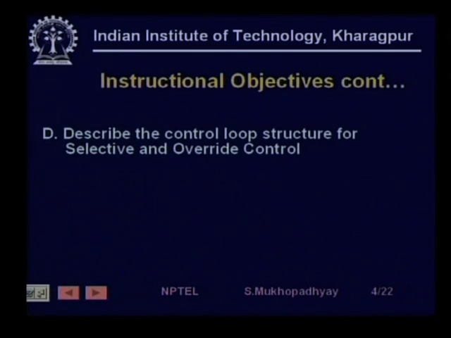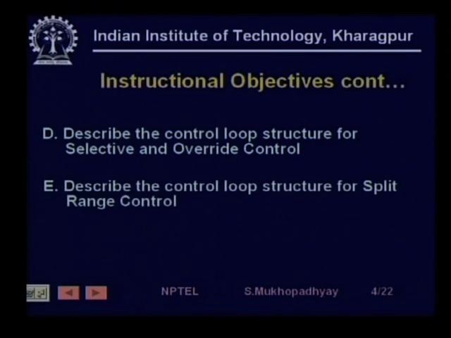Additionally, he will also be able to understand what are selective and override controls, and similarly for split range controls. So, the basic idea is to familiarize ourselves with this kind of control loops and understand their advantages.